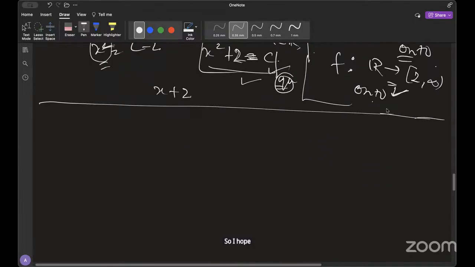So I hope everything is clear till this part. We'll move on to the next doubt. Ma'am, I have a doubt, ma'am, in activity 8, question number 5.